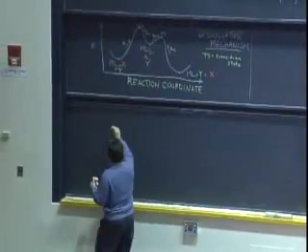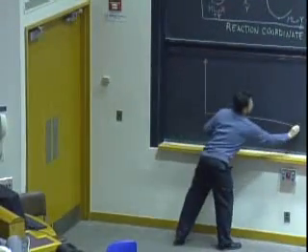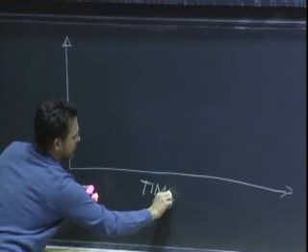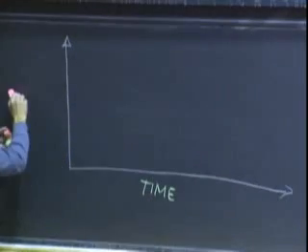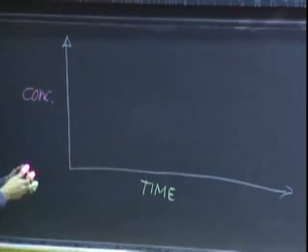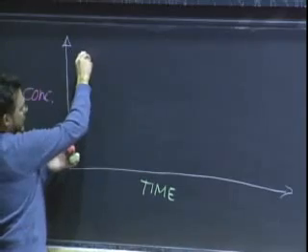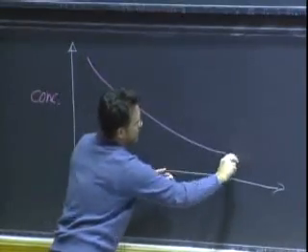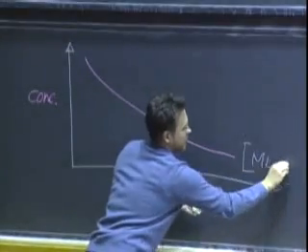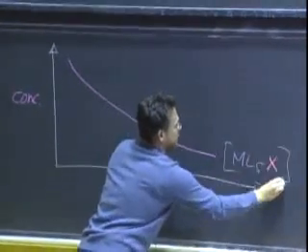And finally, what you do seek is to follow as a function of time the concentration of the species involved, such that, for example, you may be following here the decay of your starting species ML5X as a function of time.